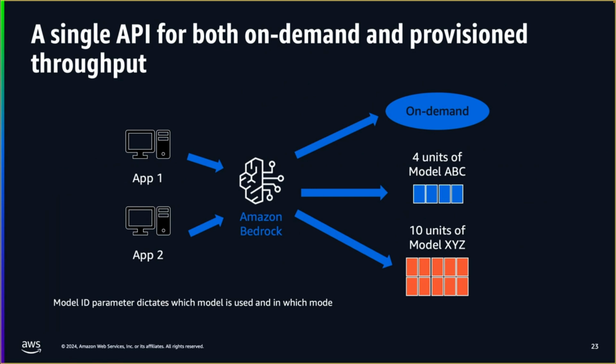So what you can do with that is, for example, have different tiering for different types of users, right? You can have premium subscription users, or users with higher priority for whatever reason, who will be using the provisioned throughput model. And you can have free tier users who can use on-demand inference.